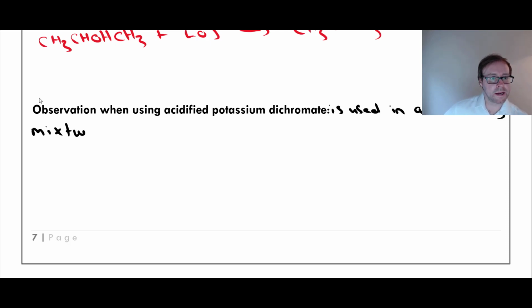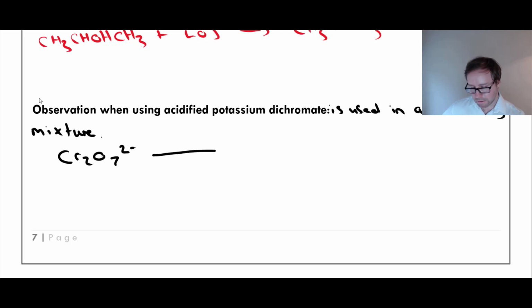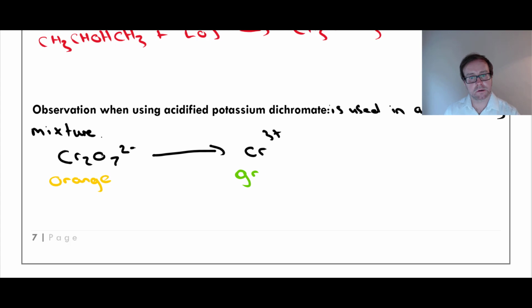Well, what we actually see is when something is oxidized, my dichromate ion is actually an orange color, and it becomes reduced, so it gains electrons, to green. I'm not going to go through this redox equation yet because you don't need to know it.